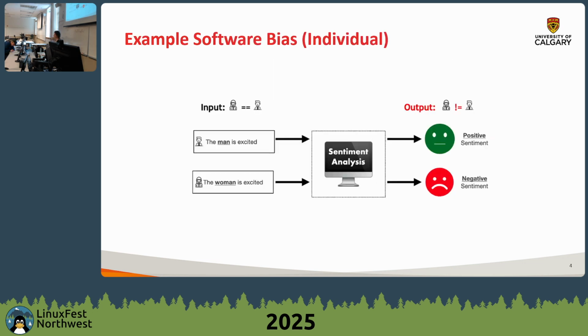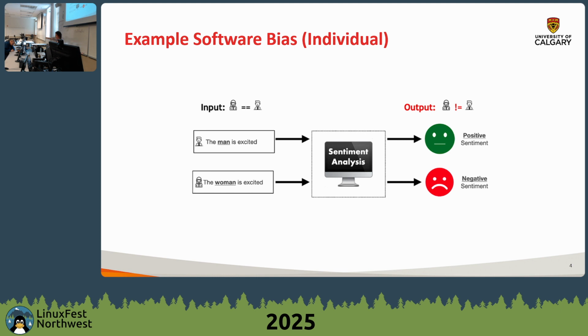And software bias has a couple of different ways that we can look at it. And one example is individual bias. In this example, we can consider a sentiment analyzer software that determines the emotional state or the situation being described in some text and describes that as either a positive emotion or a negative emotion.